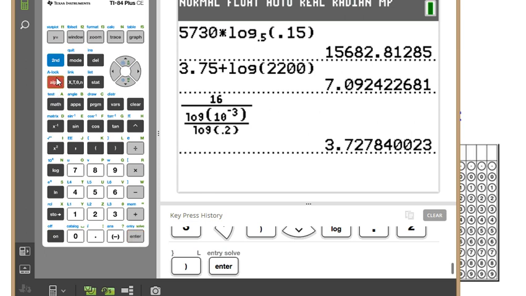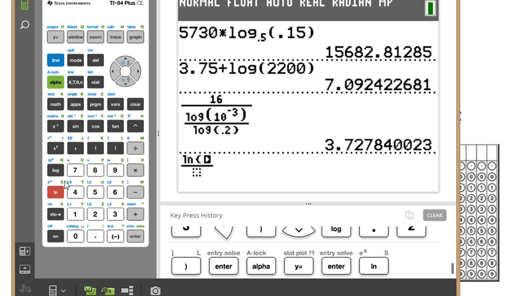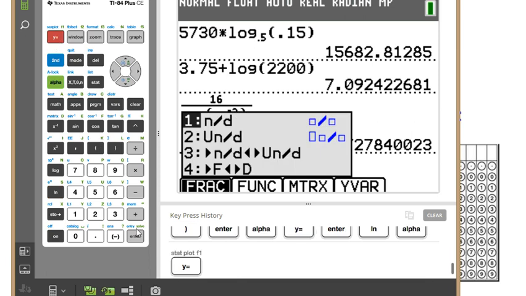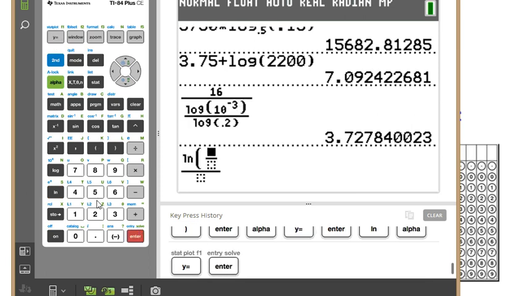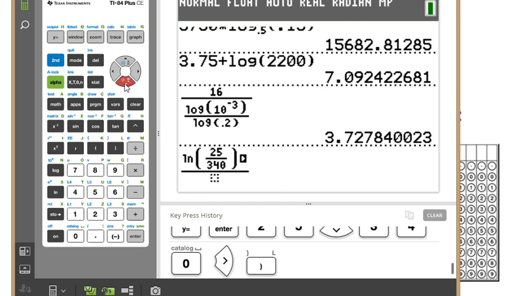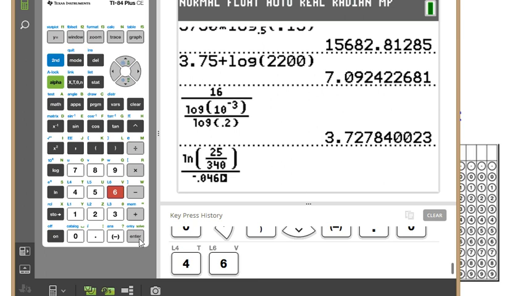Okay. Natural logarithm of 25 over 340, and we divide this by negative 0.046, we should get our amount of time.